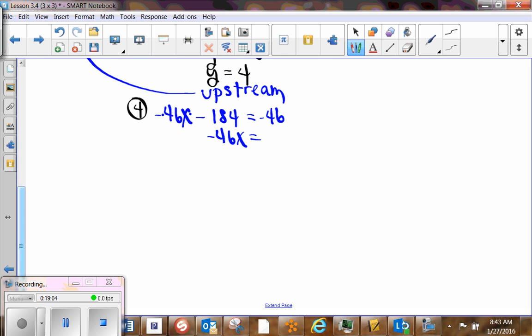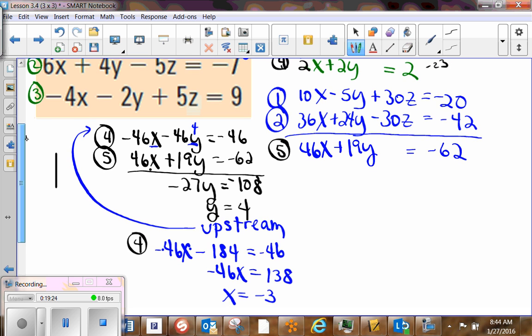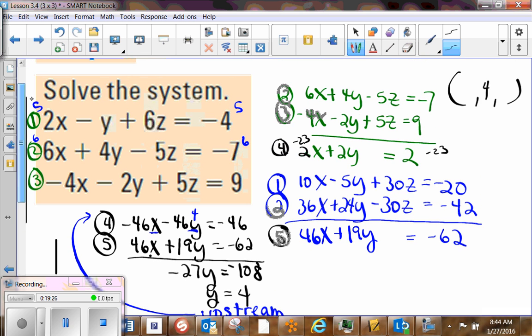I'll bring 184 over. 184 minus 46 is 138. Okay. So that makes x negative 3. So that is my x.